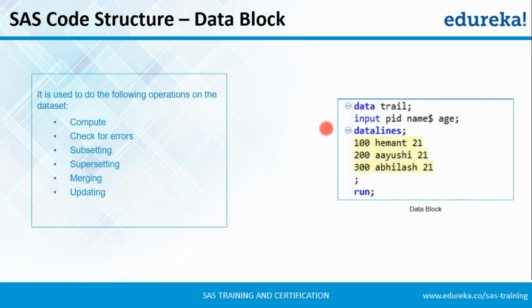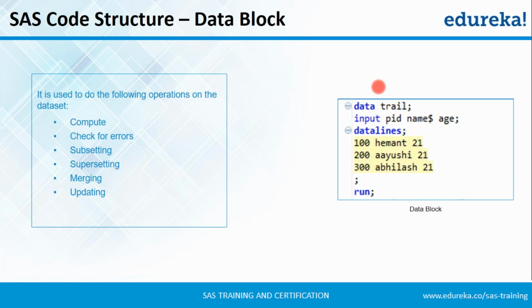So if you have to save your data set, you can do that using a library command that I'll be showing you in the demo, right? Using that command, this data set becomes a physical file and gets stored in your file system. This kind of data set is called a permanent data set. After this, you have the temporary data sets, which are there till the session is running in your SAS.